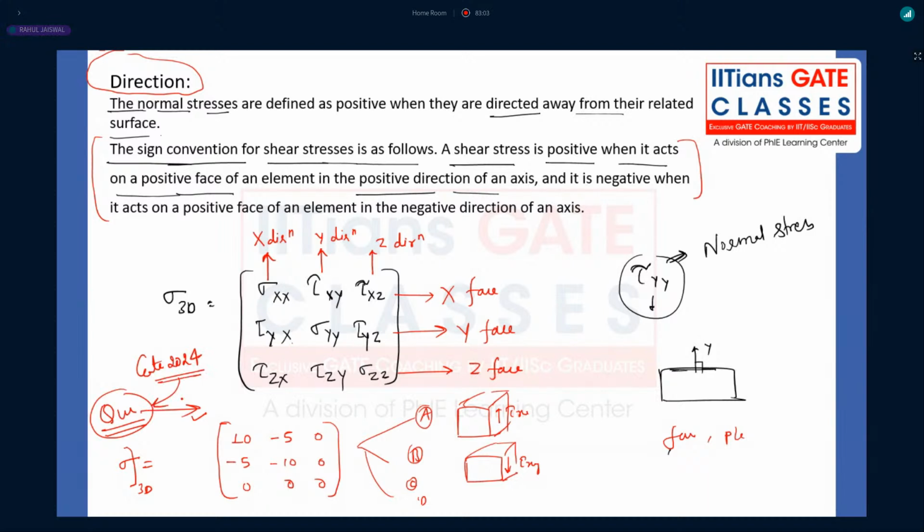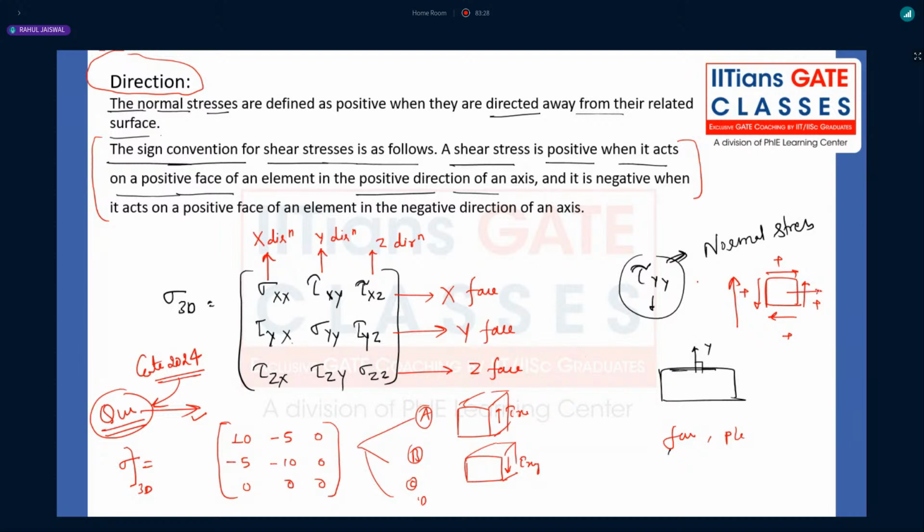Because hardly anyone focuses on this particular topic. Usually they just say that tau xy will be positive when it is acting like this. Here it will be like this. We tend to say it is positive, positive, positive, all things are positive, but we never understood why and how we call that shear stress positive.